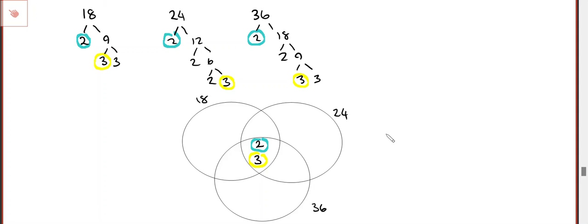So I now already know the highest common factor, or GCF, greatest common factor, is 2 times 3. Some people got that anyway, fine. They're not difficult ones. Now the lowest common multiple, I go through with each set of 2 circles.